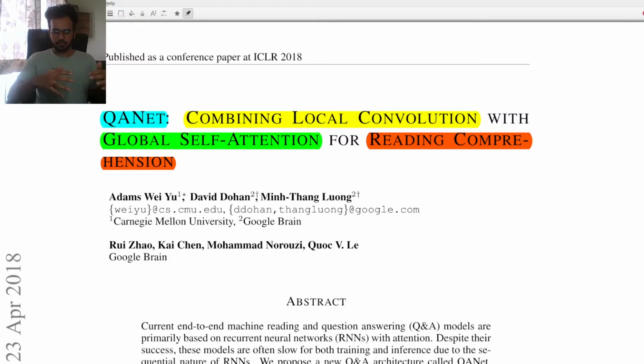Hence we can't parallelize the code as we do with batches when using GPUs, because in RNNs we couldn't find the hidden states together in parallel. We had to wait for information to be passed on from the previous hidden state, and hence this gives us a lot of speed improvement, especially in training as well as in inference.